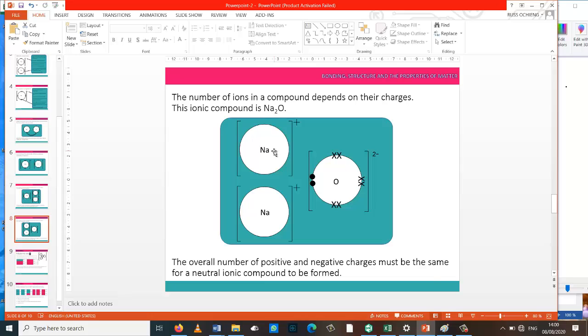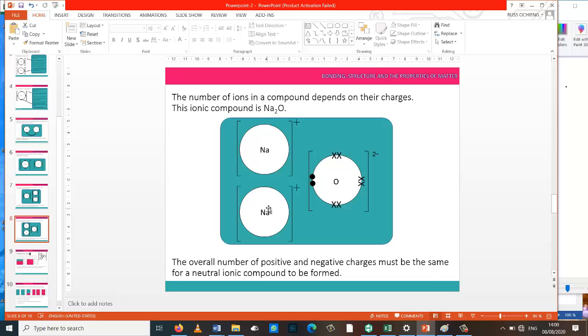It means that 2 sodium atoms will be required to each lose 1 electron so that oxygen can be stable. Assuming that sodium had a dot electron on its valence shell, when they lose those 2 electrons, the oxygen will gain the 2 electrons that were lost.